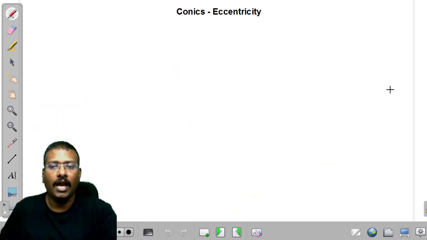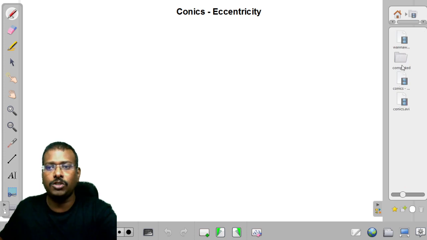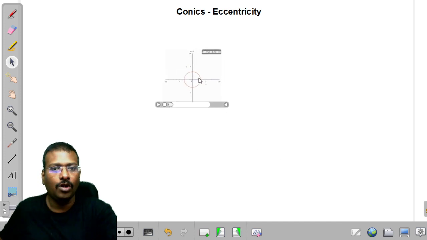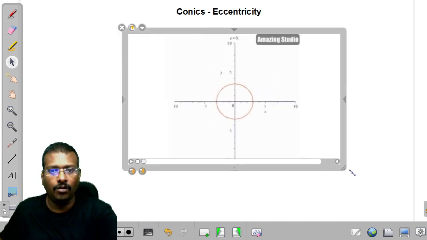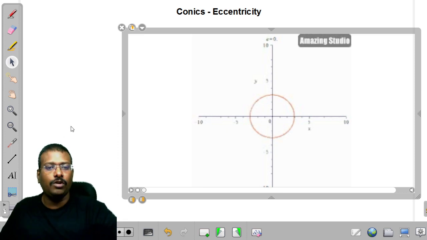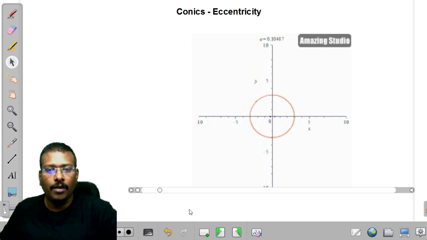For this, I am going to show a particular GIF file that can give a little more clarity to you. All of you carefully observe this video to get the clarity. I will play this video twice or thrice for your clarity. Now here in this video, you can observe it is a circle.